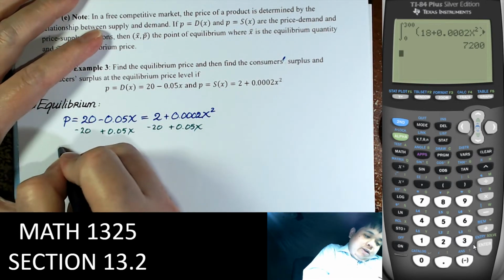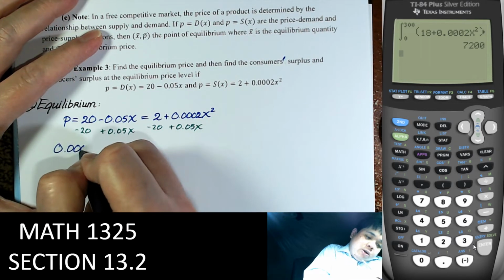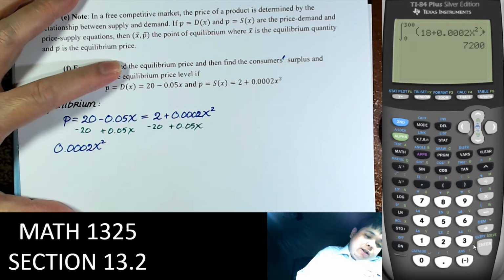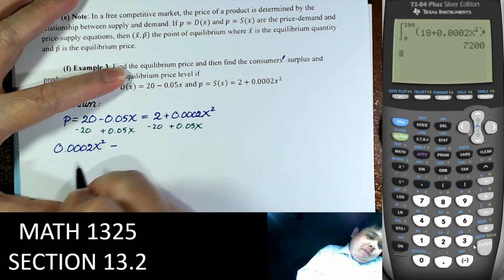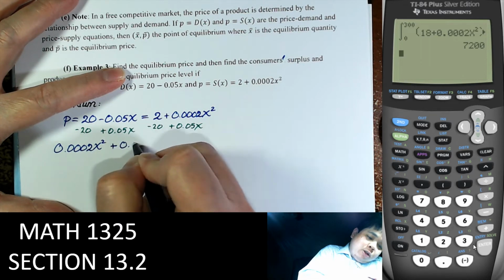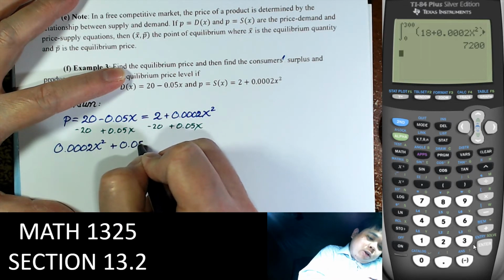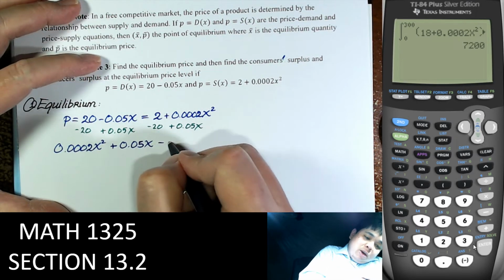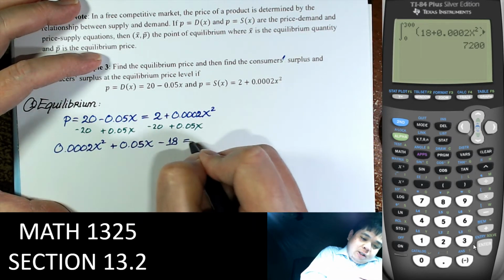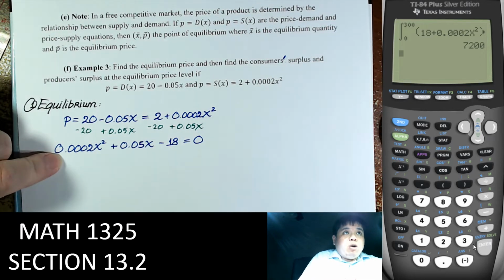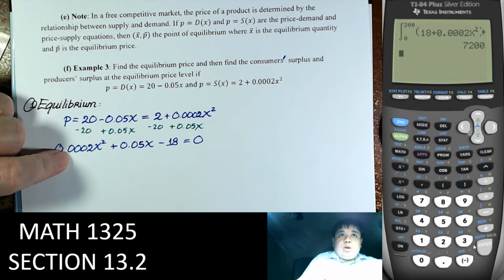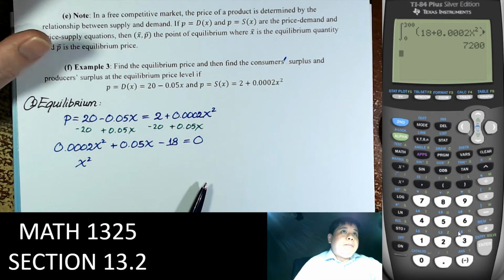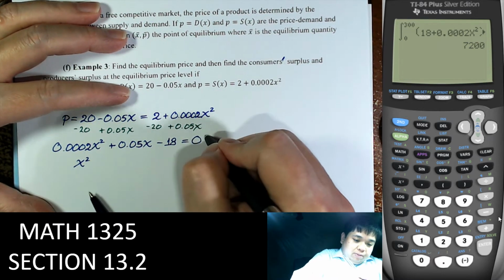So we have 0.0002 x squared plus 0.05 x, and 2 minus 20 is minus 18. We divide by 0.0002 so that the coefficient of x squared is 1.